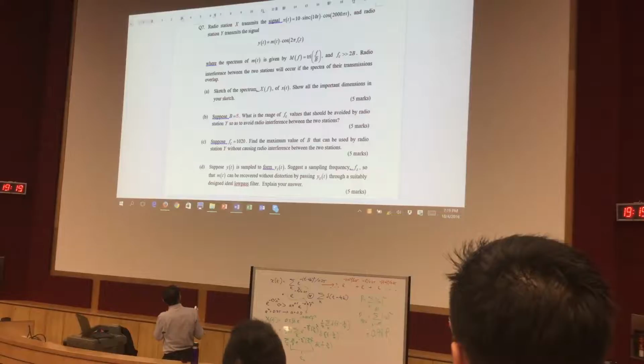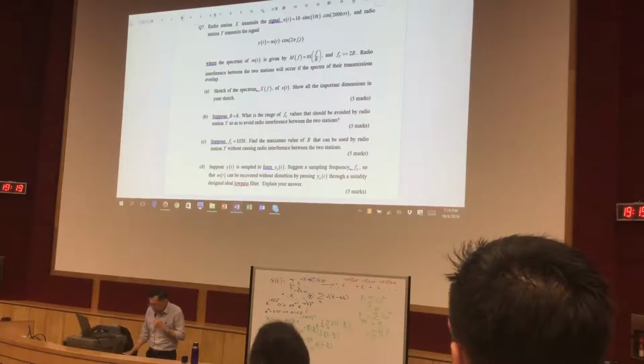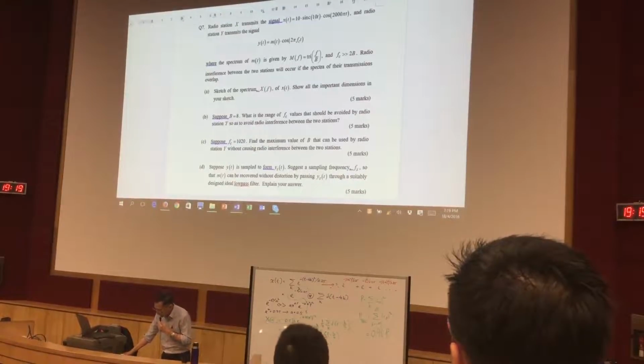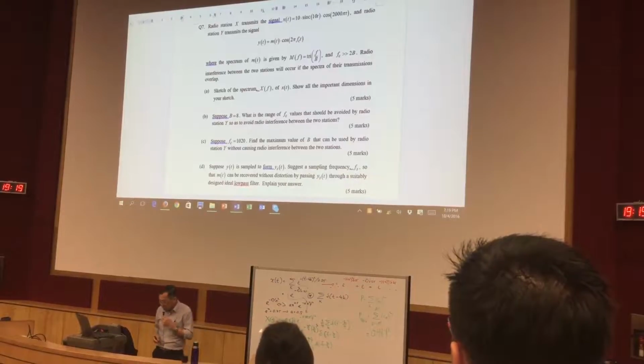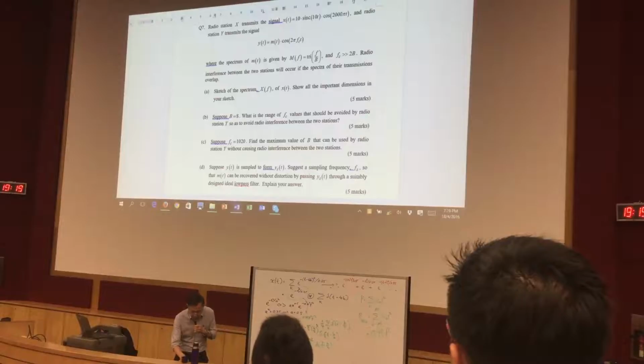Suppose B is 8 hertz. What is the range of FC values that should be avoided by radio station Y so as to avoid radio interference between the two stations? Okay, let's pause there.